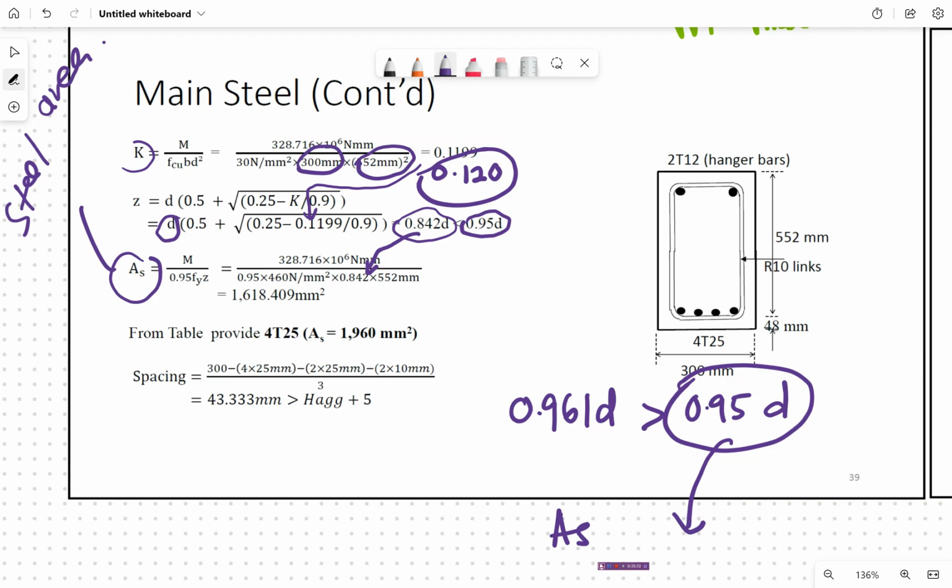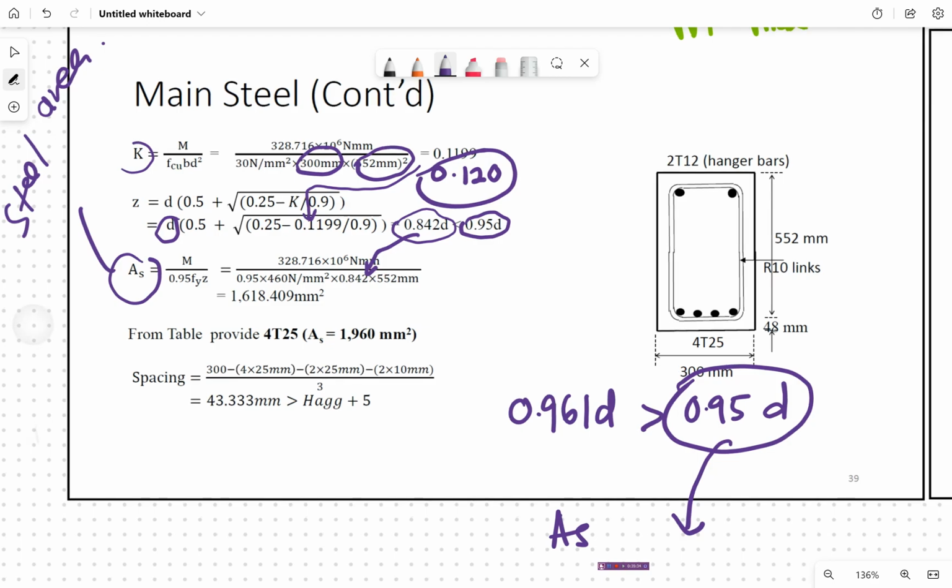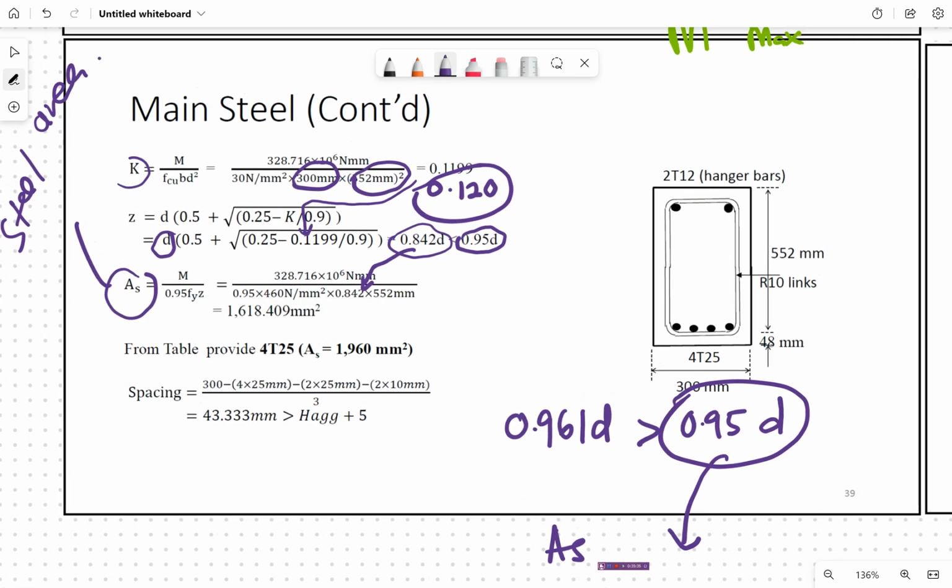At the same time, I forgot, here we also have to compare with 0.156. This one refers to K prime. K prime is the maximum value for a singly reinforced concrete beam. If M is less than Mu, you will definitely get K less than K prime.